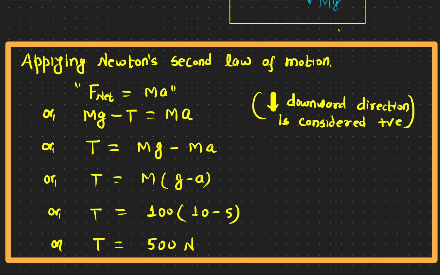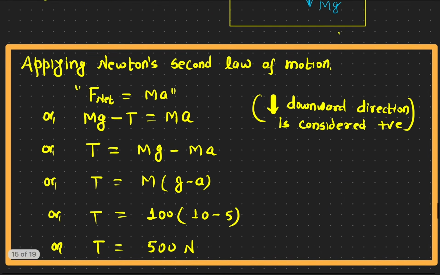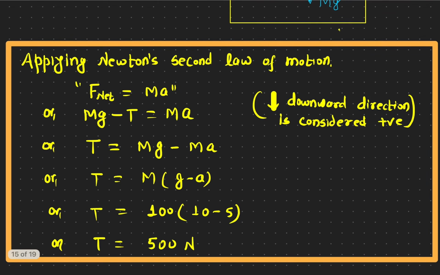And now let's assume the elevator was not moving at all, how much tension would there be? In that case, the tension in the rope would be simply equal to mg.